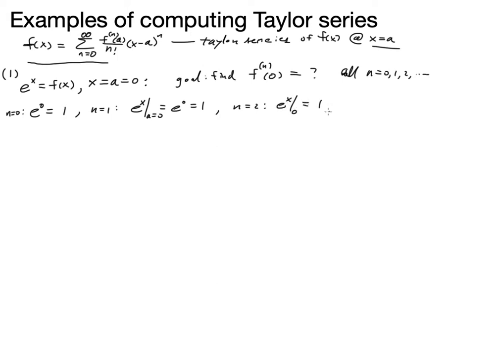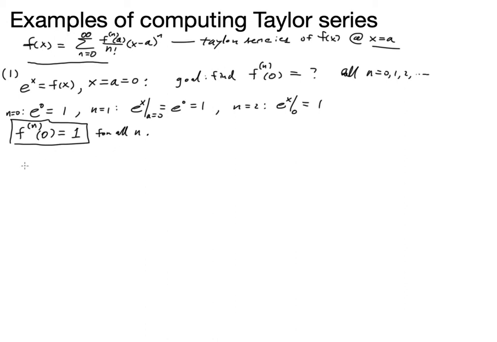Evaluate at 0, we get 1. So we find the simplest possible derivative ever: the nth derivative of e to the x evaluated at 0 is just equal to 1 for all n.